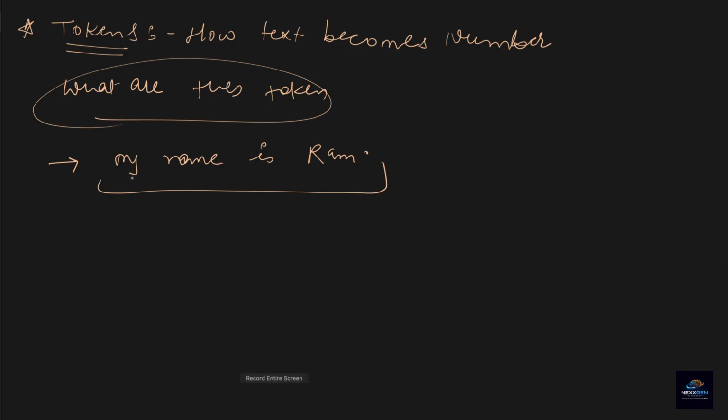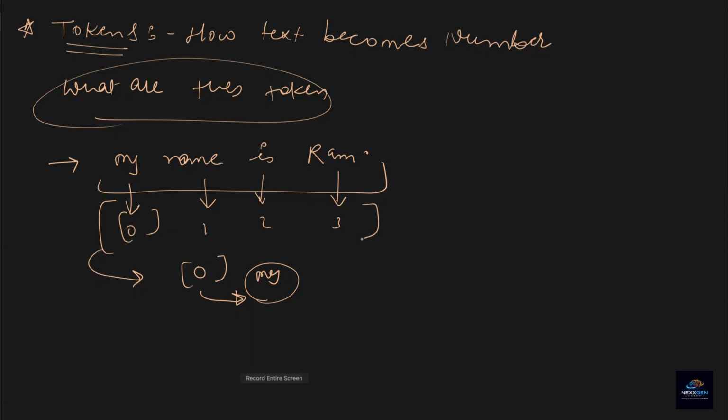Since machine learning models, deep learning models, or these large language models don't understand text, it's very important that we assign some values to the text. Let's say I assign 0 to the first word, 1 to the next, 2 to the next, and 3 to the last. Whenever my model gets 0, it will understand that 0 means "my." That's how we assign numbers to these texts, and these numbers are nothing but tokens.